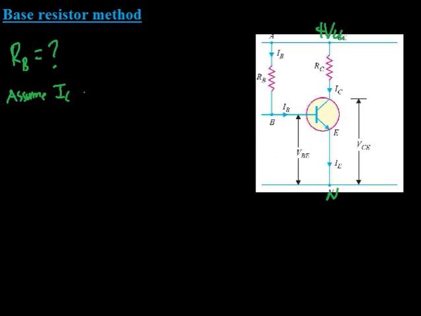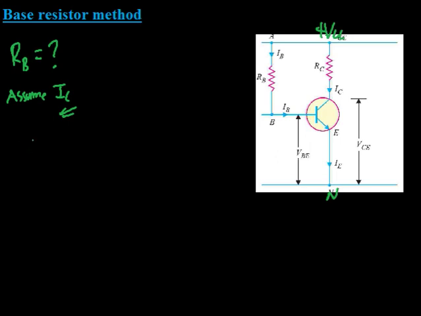From that we will get beta IB as the IC value, that is the collector current due to the signal alone. From the value of the collector current due to the signal alone, we can determine the minimum zero signal collector current IC. So we will assume this IC.